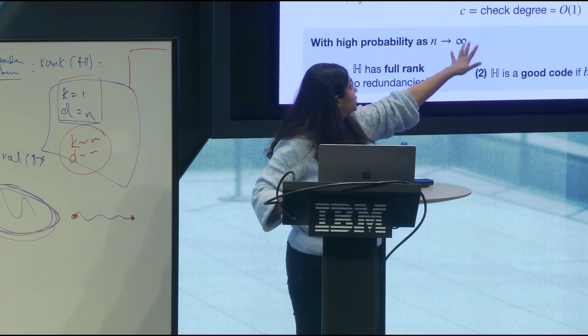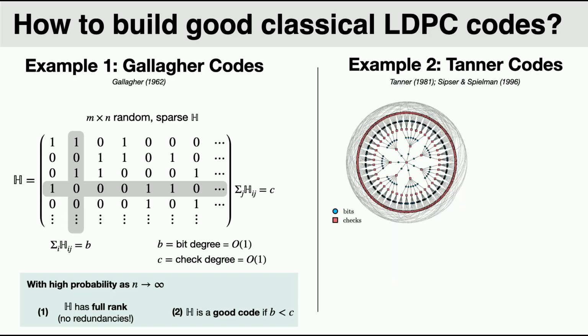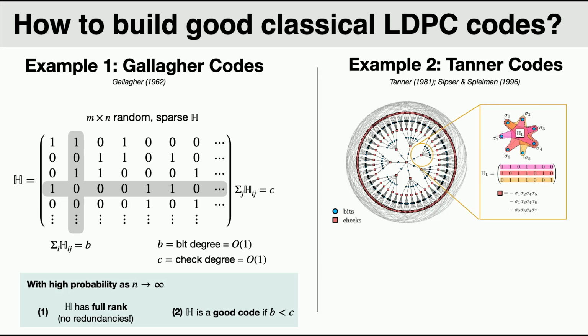So for Tanner codes, you start with such a graph, and now you decorate it. The way you decorate it is to say that, okay, in my classical code, I'm going to put bits on all the bonds. And then for every vertex, I'm going to put what's called a small code, which is a code which only acts on the bits that are incident on that vertex. Okay? So here I have a degree 7 small code because I have a degree 7 graph.